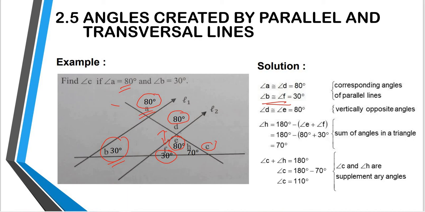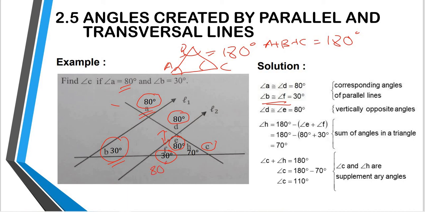Okay, dan kita tahu. Lagi satu undang-undang yang kita patut tahu adalah triangle. So, the summation of the angle dalam ni must be equal to 180. Okay, triangle total A, B, C, A plus B plus C must be equal to 180 degree. So, kita tahu kat sini 80 plus 30 plus I don't know what must be equal to 180.